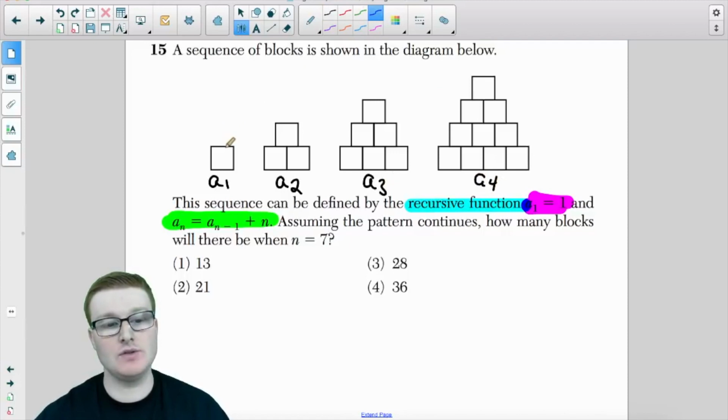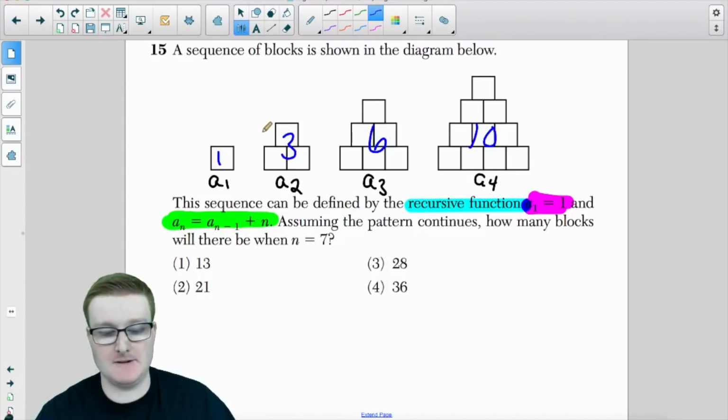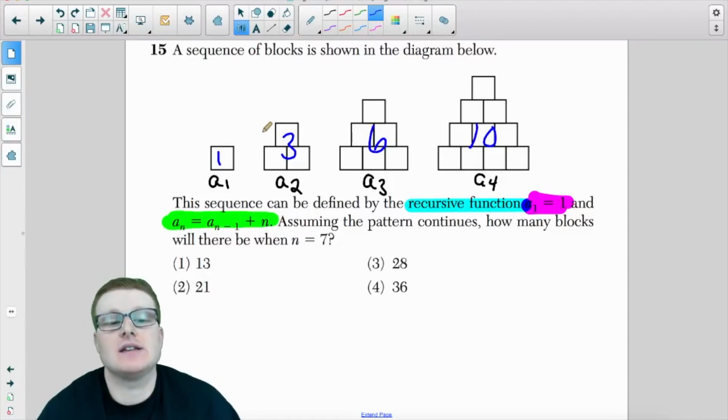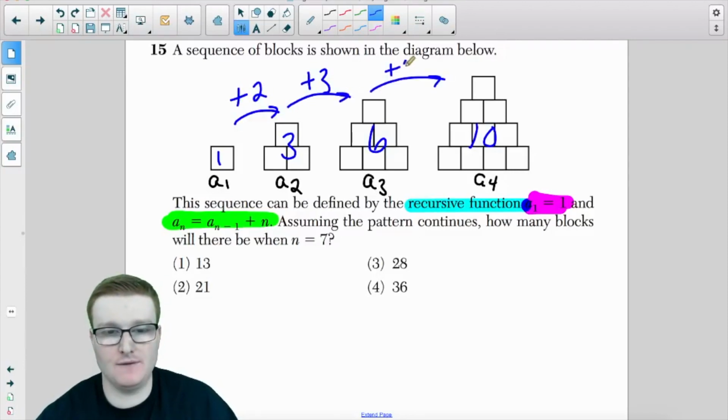So this clearly has 1 block, this has 3 blocks, this has 6 blocks, this has 10 blocks. So, folks, there is no pattern here, okay? Well, actually, there kind of is. You could see that you're adding 2, then you're adding 3, then you're adding 4.